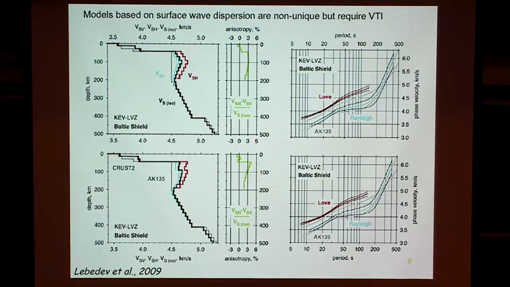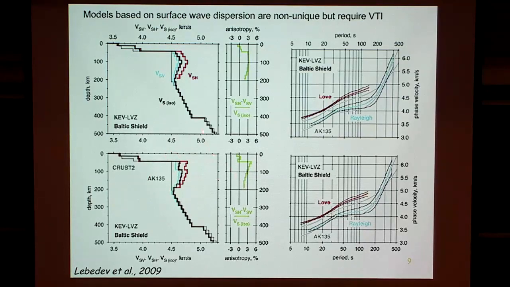And the predictions from these 2 models are the red for Love waves and the blue for Rayleigh waves. The point of this slide is that you can see that you always have SH faster than SV to match these data, but you can match them equally well. You obtain predictions that are practically identical using slightly different constraints on how you build your model.